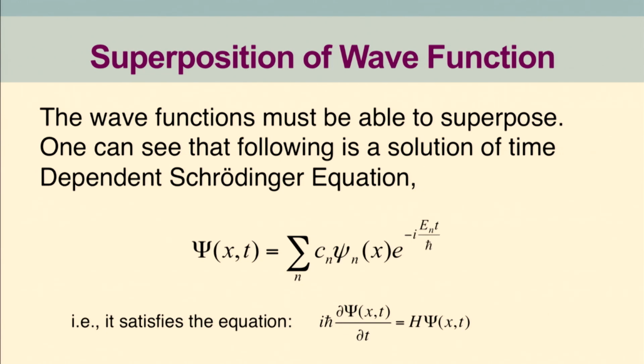This wave function also satisfies the time dependent Schrodinger equation, given by i h cross d psi dt equal to Hamiltonian times psi. If you operate H on psi and take the derivative d dt, you will see that this wave function psi satisfies this equation.